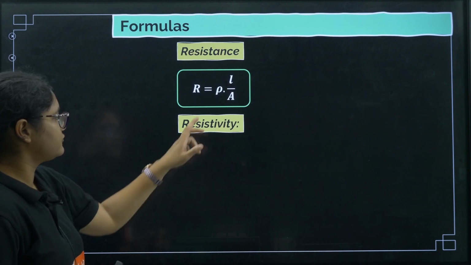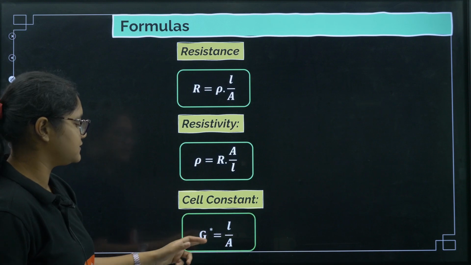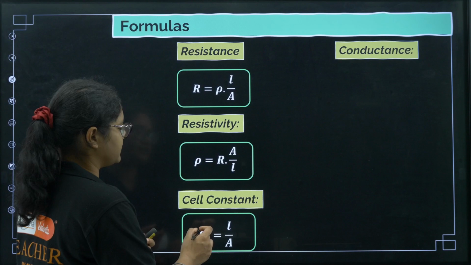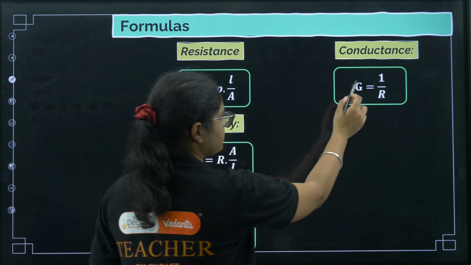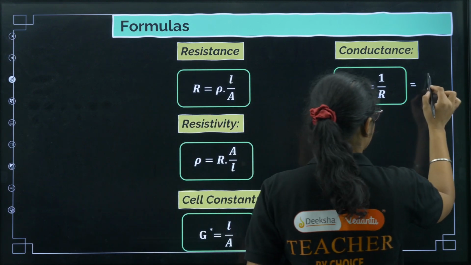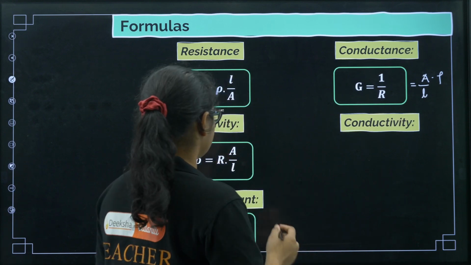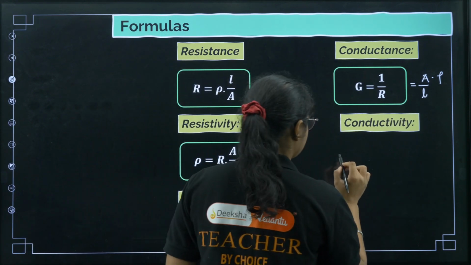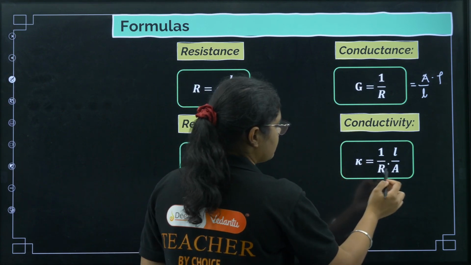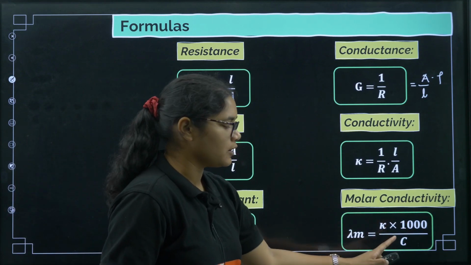Resistivity rho is RA by L. Cell constant is L by A. Conductance is the opposite of resistance, 1 by R, which can be written as A rho by L. Conductivity kappa is the reverse of this, equal to L divided by A into R. Molar conductivity lambda m is equal to kappa into 1000 by C.